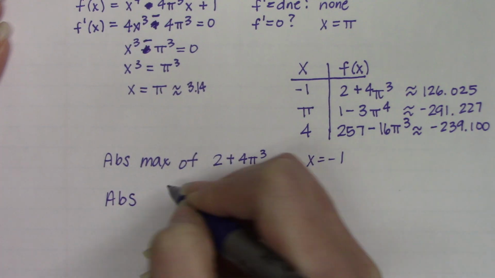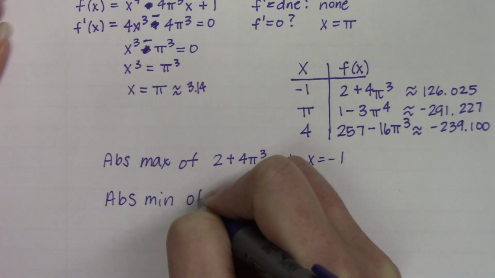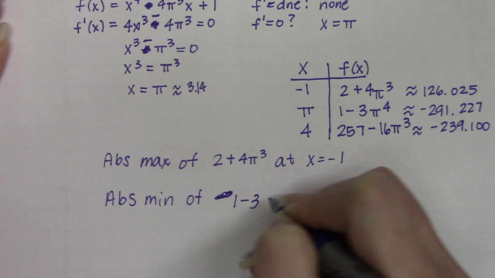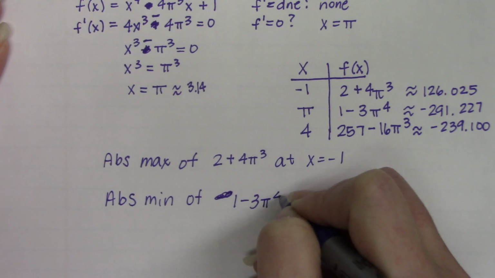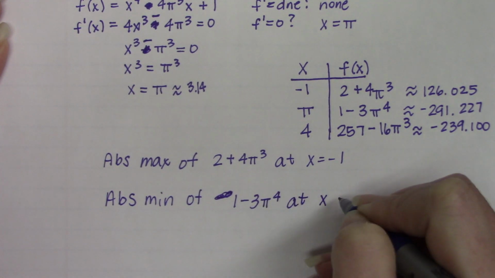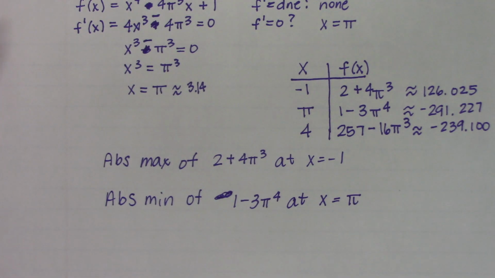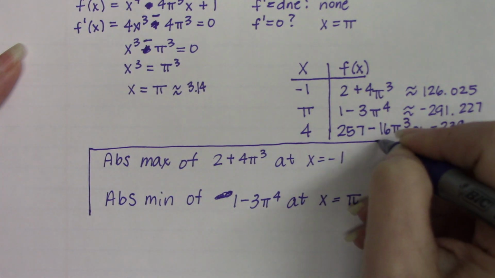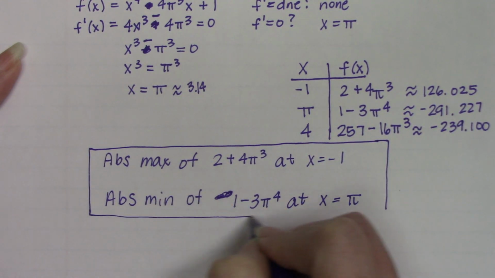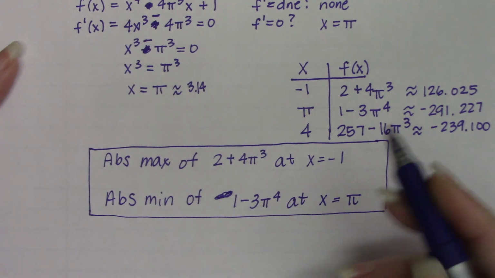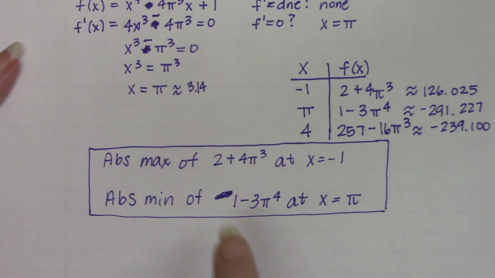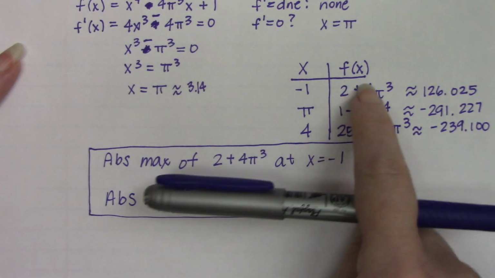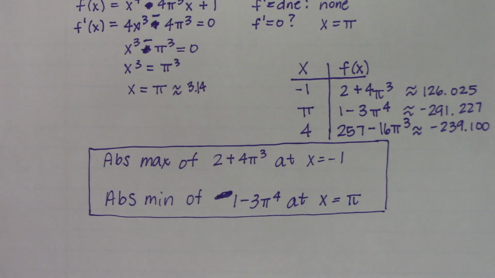There is an absolute minimum of, oops, sorry, I was about to do the thing I told you not to do, 1 minus 3 pi to the 4th at x equals pi. Since these aren't multiple choice questions, we don't have the added pressure of selecting the correct one out of each statement, but this is what we mean by giving exact answers. So even if you use your calculator to approximate numbers, we still want these exact numbers. That's what we mean by exact answers.